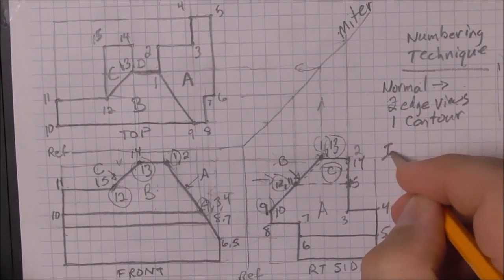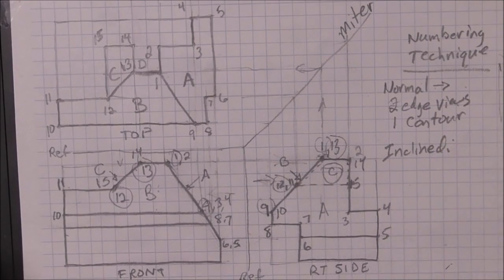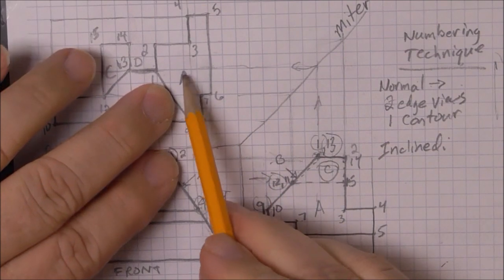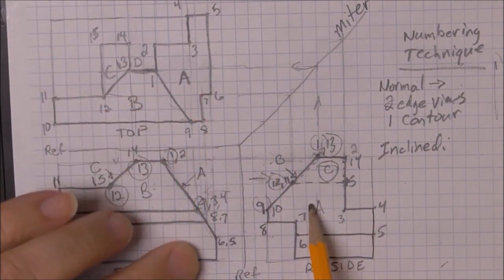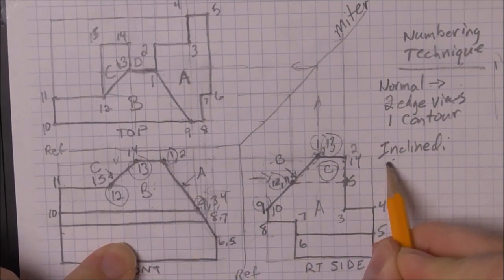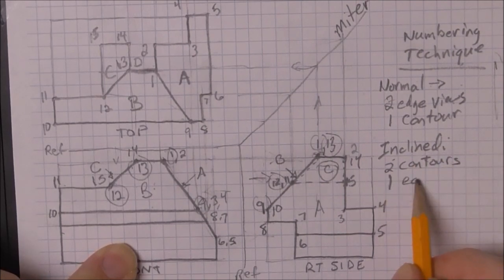If we have an inclined plane, what does an inclined plane look like in a set? Okay, here's a contour view, shows a shape. Contour view shows a shape, and one edge view. So for an inclined plane, we have two contours, one edge view.